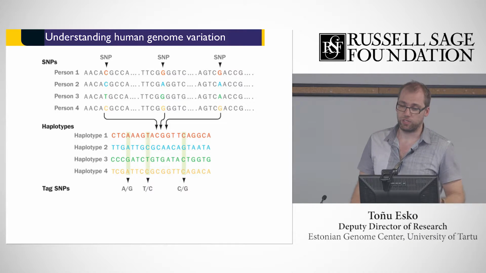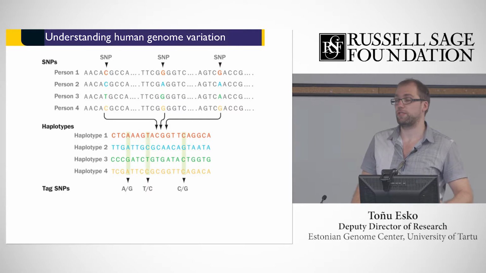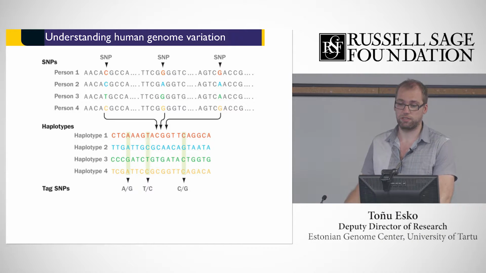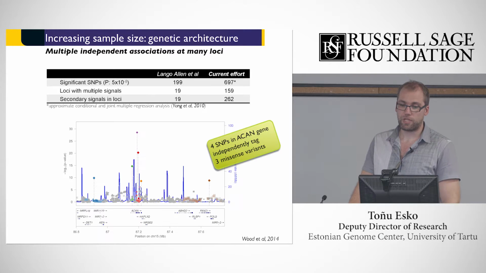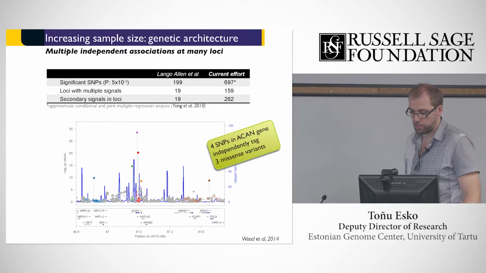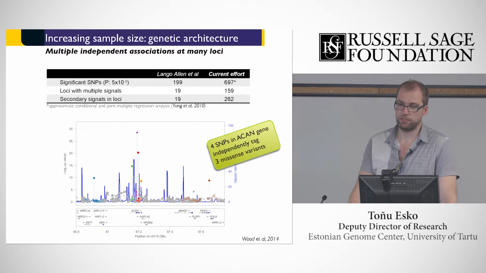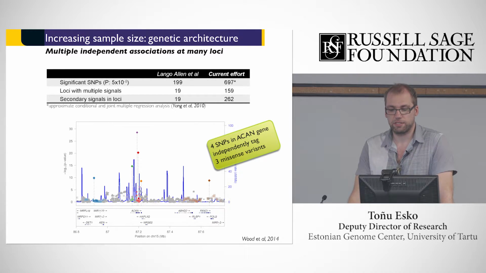And within this plateau, it's quite difficult to say which of the variants is causal, or even if the causal variant is captured, because it can be a rare variant that is just within the common haplotypes. So there are many ways how you could find the causal variants, and here I will just walk through.